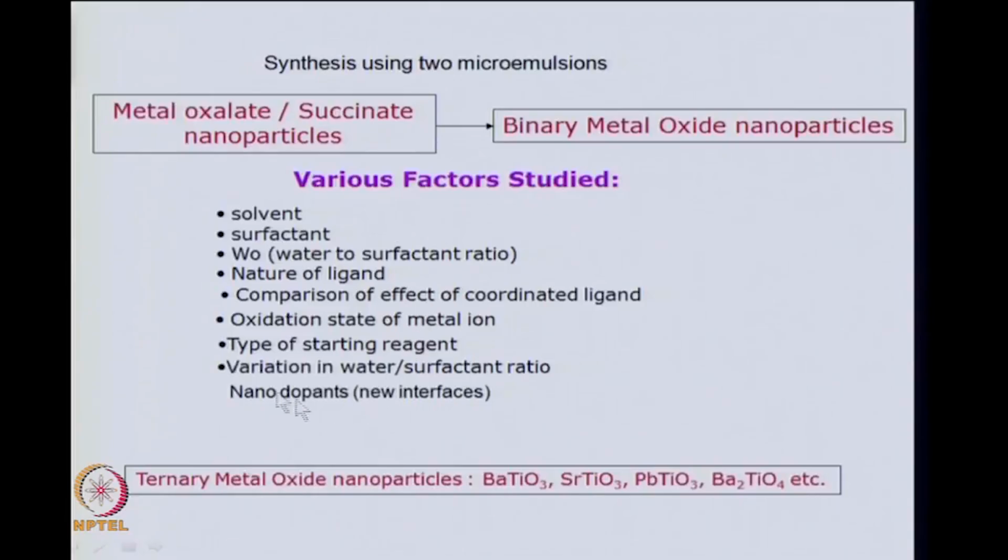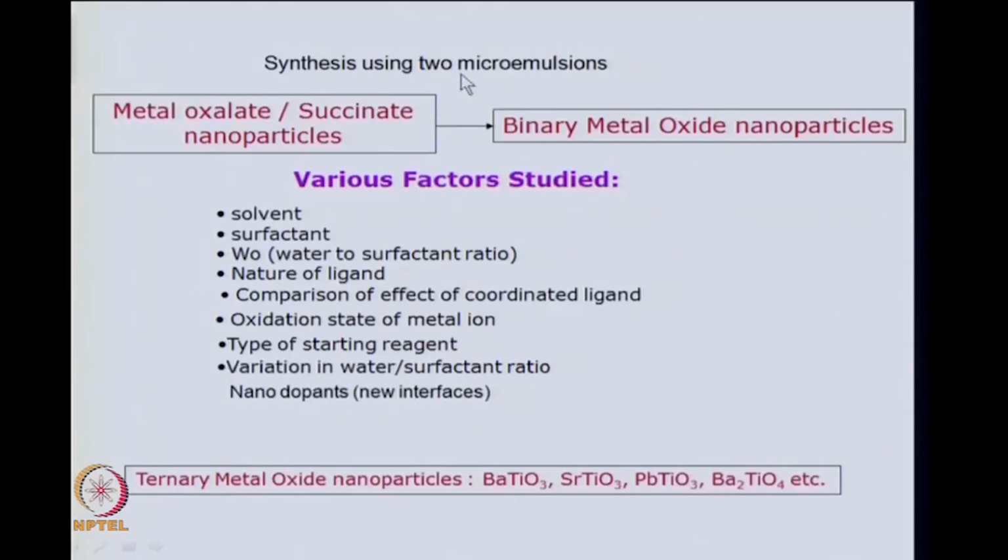So, all these parameters have a role to play in the type of microemulsions that you get and can be varied to get a large variety of metal oxalates or carboxylates, and it can be extended to other systems like metal sulfides, metal selenides, metal phosphates.